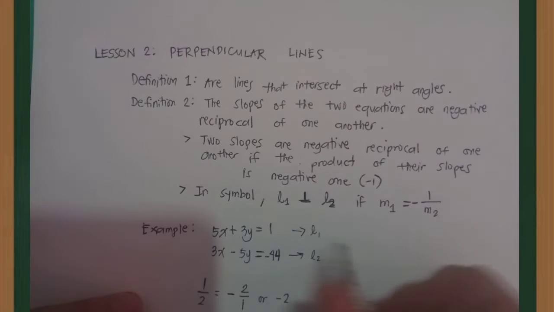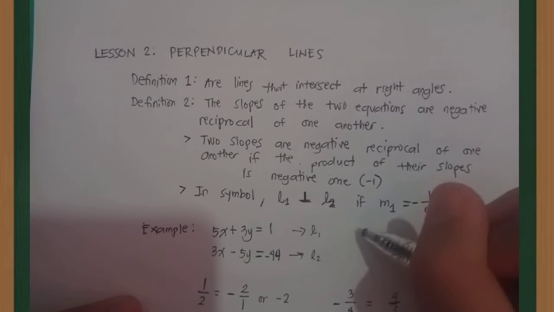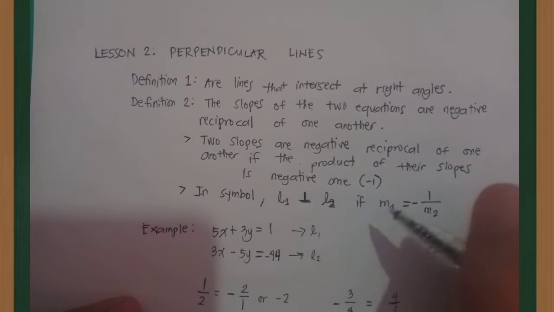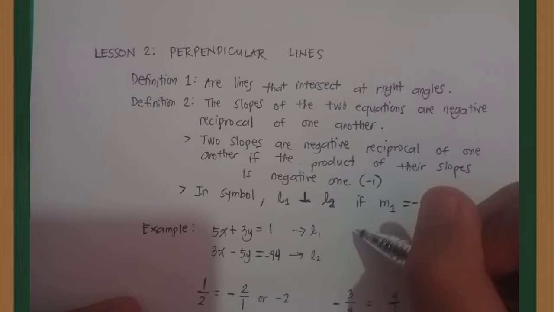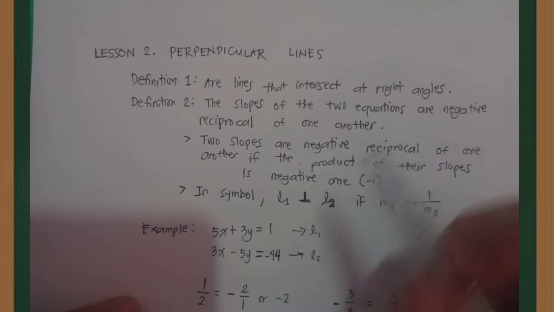First equation, first line, let's find the slope. We have 5x plus 3y equals 1. To find the slope, we follow the slope-intercept form. Let's convert it into slope-intercept form.